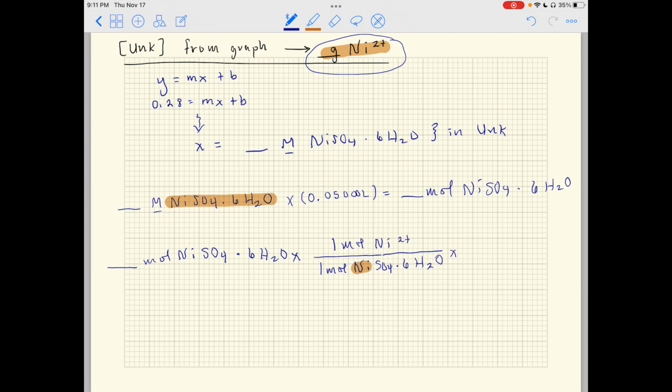And then in the last step, because again, we want to find the mass of nickel 2 plus, for every 1 mole of nickel 2 plus, we know from the periodic table that we have 69 grams of nickel 2 plus. And then as we go through and we cross out our units, that allows us to find that we have X amount of nickel 2 plus. And that finishes your lab.